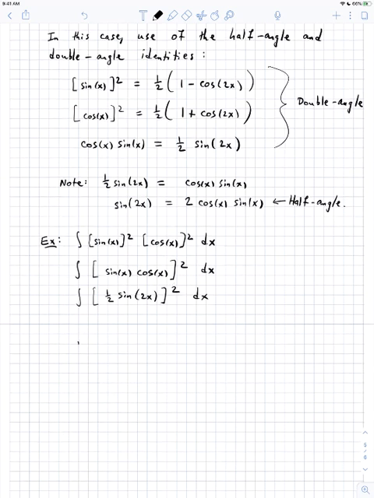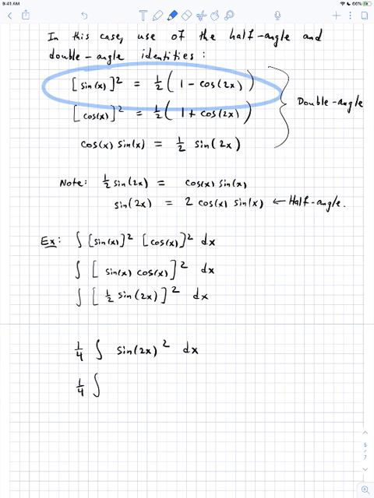So this is going to be 1/4 times the integral of sine of 2x quantity squared dx. And now we make use of this formula for sine x quantity squared, but now it's 2x there. So again, we're making use of that identity right there.